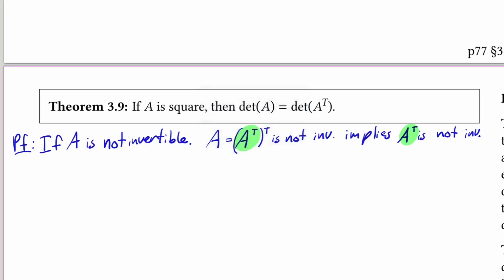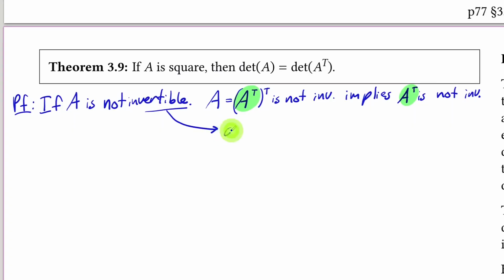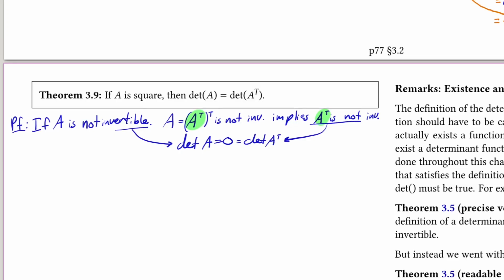So anyways, A transpose is not invertible, and that means the determinant of A is 0, and if A transpose is not invertible, that's also the determinant of A transpose. And they're equal. Okay, so it works with non-invertible matrices.